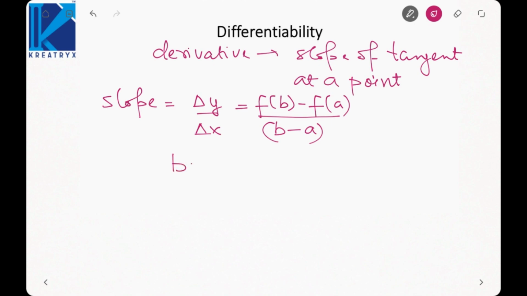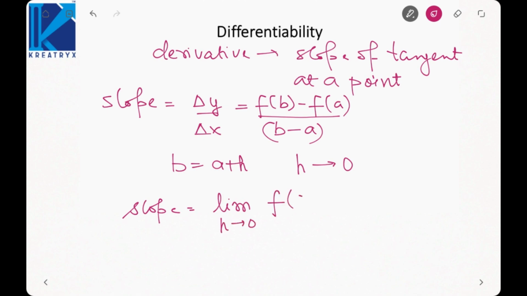For that purpose, I will define B as A plus H, where H tends to 0. That is, the two points are very close. So this slope will become equal to the limit as H tends to 0 of f(A plus H) minus f(A) divided by H. B minus A will be equal to H.